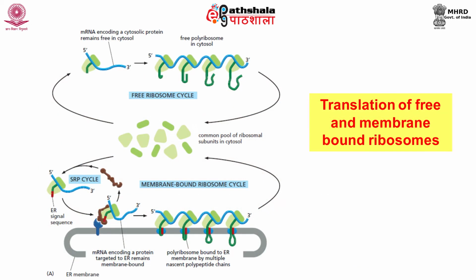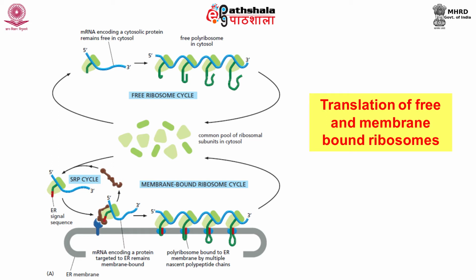The slide shows how translation on free and membrane bound ribosomes takes place. Cytoplasm contains large number of ribosomal subunits. This is commonly known as ribosomal subunit pool. During translation on free ribosomes, mRNA encoding a cytosolic protein remains free in the cytoplasm.